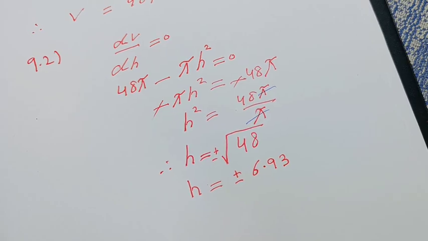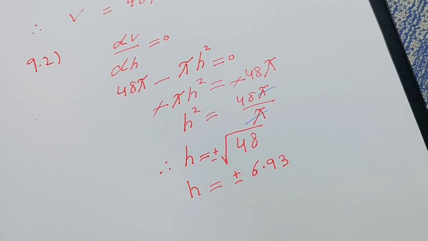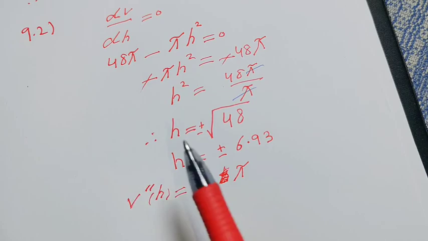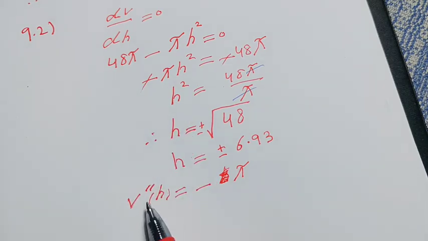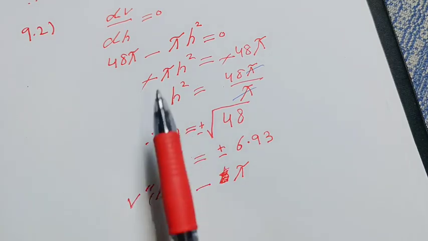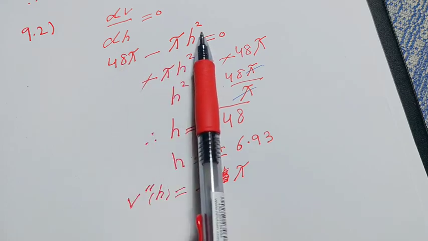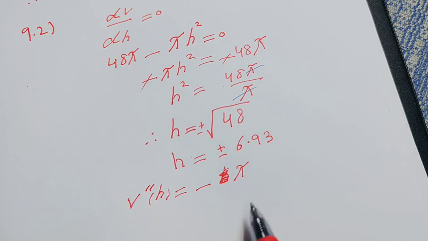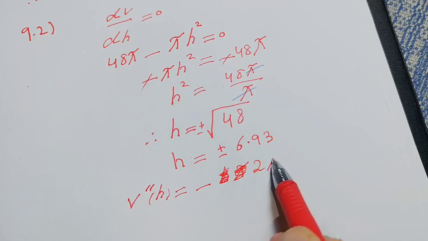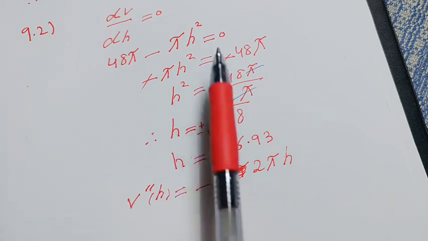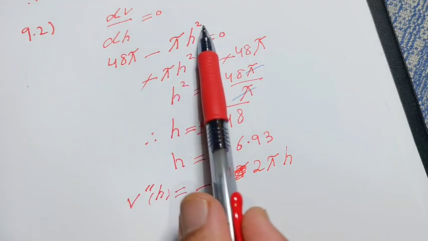Now I need to see, must I take the positive value or the negative value? So I need to apply the second derivative test. I'm going to differentiate with respect to h. This constant is going to be 0, and this becomes 2 pi h, 2 minus 1 is 1.